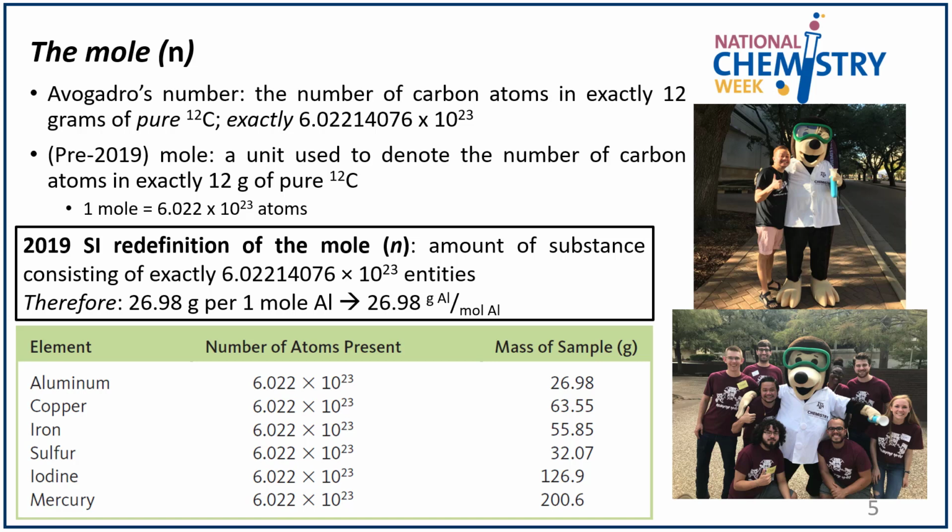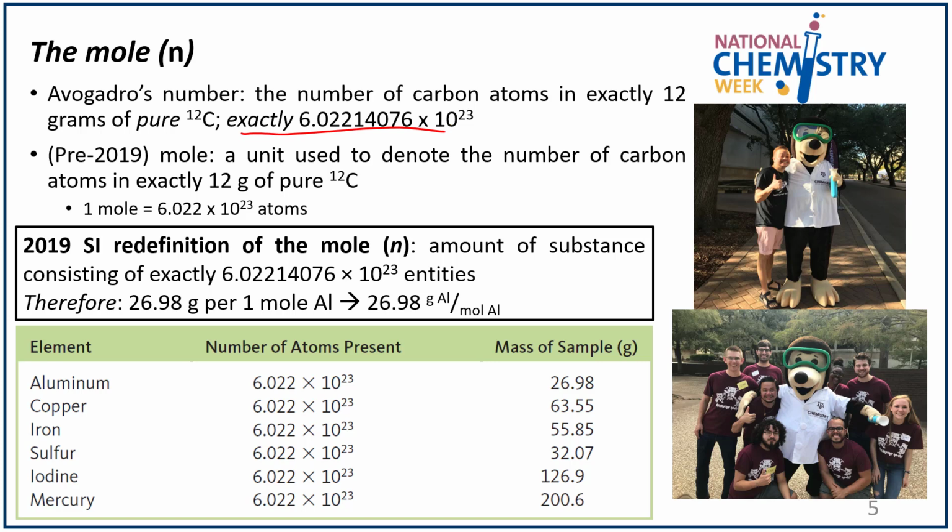The mole is simply how many carbon atoms there are in 12 grams of pure carbon-12 isotope. And the answer to that question is there are exactly 6.0221476 times 10 to the positive 23. This number is Avogadro's number.